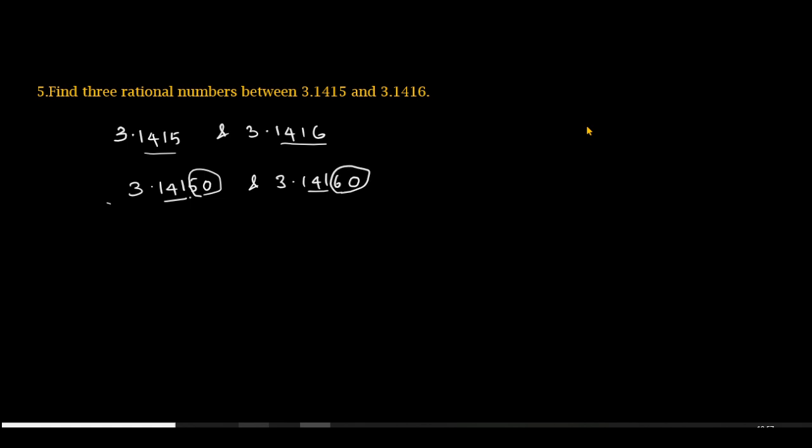So in between 50 and 60, many numbers are there, no? 3.14150, the next number 3.14151, then 3.14152, 3.14153, up to 3.1416. Like that you can write all the numbers.